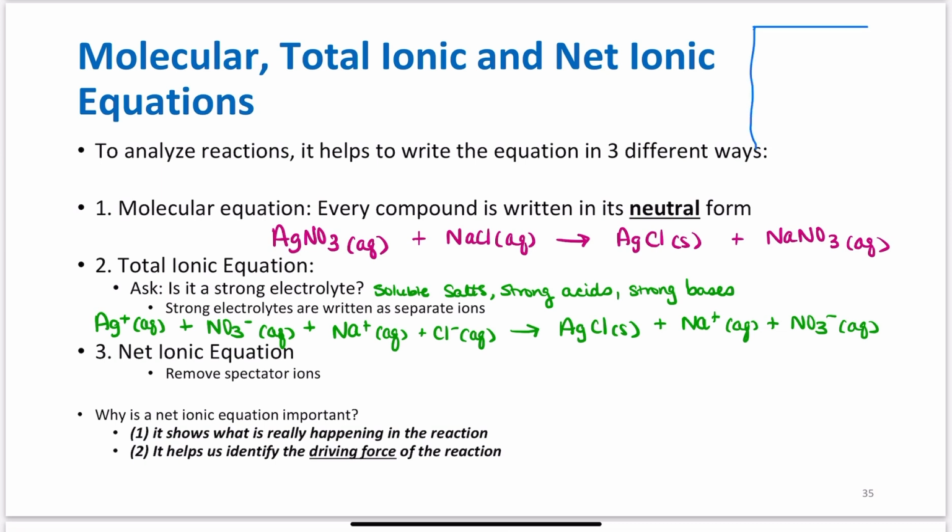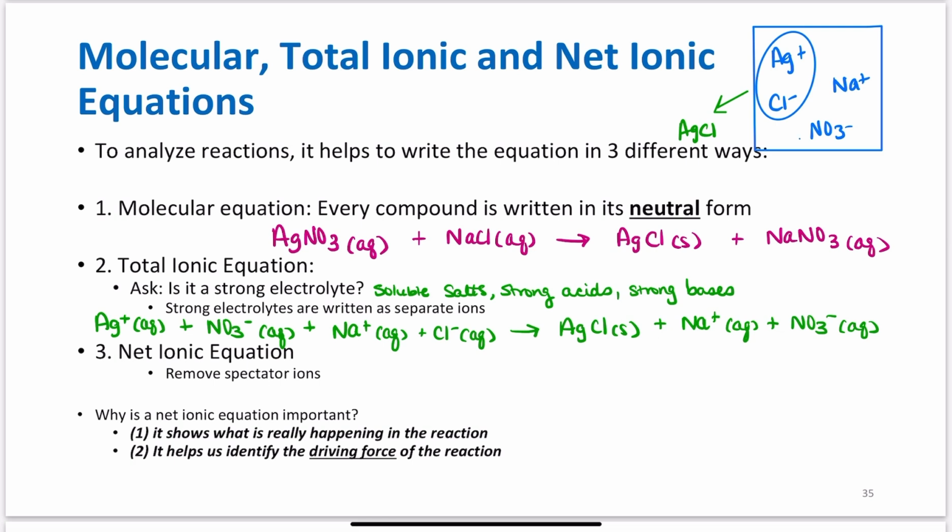What this means, again, is if I have a beaker, and in this beaker I have mixed together silver ions, chloride ions, sodium ions, and nitrate ions, the moment the silver and chloride find each other, they're going to form silver chloride.